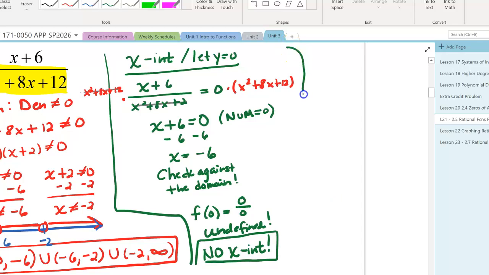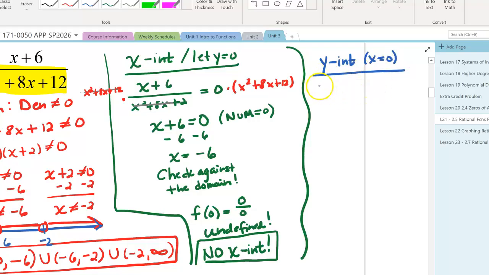Finally, to find the y-intercepts, we're going to let x equal 0. That means I'm going to find f of 0, which would give me (0 plus 6) over (0 squared plus 8 times 0 plus 12).